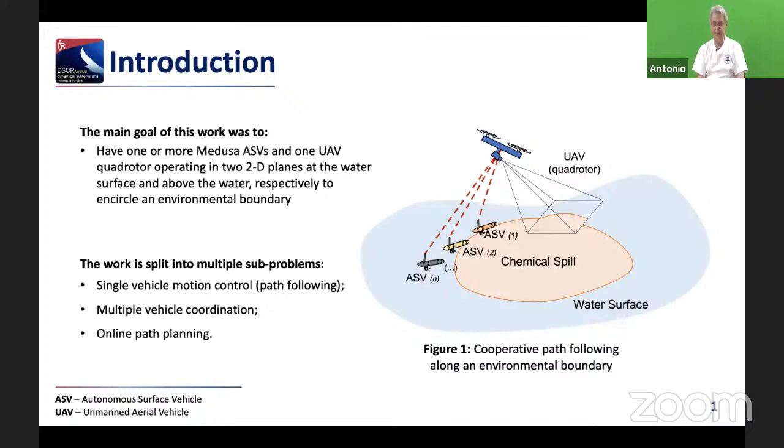And this is the case where the path is not defined a priori, so it's defined on the fly. Based on the vision, the quadrotor is going to acquire some points and fit some curve there. It could be splines, it could be Bezier curves or whatever. And then it hands over this information to one or more marine vehicles that do the path following over a short time horizon. Then the information is renewed and it keeps going.